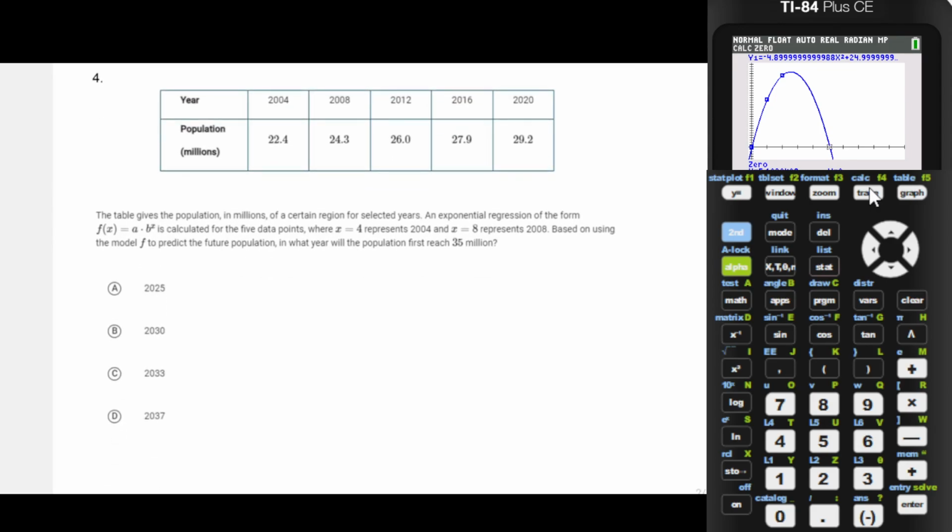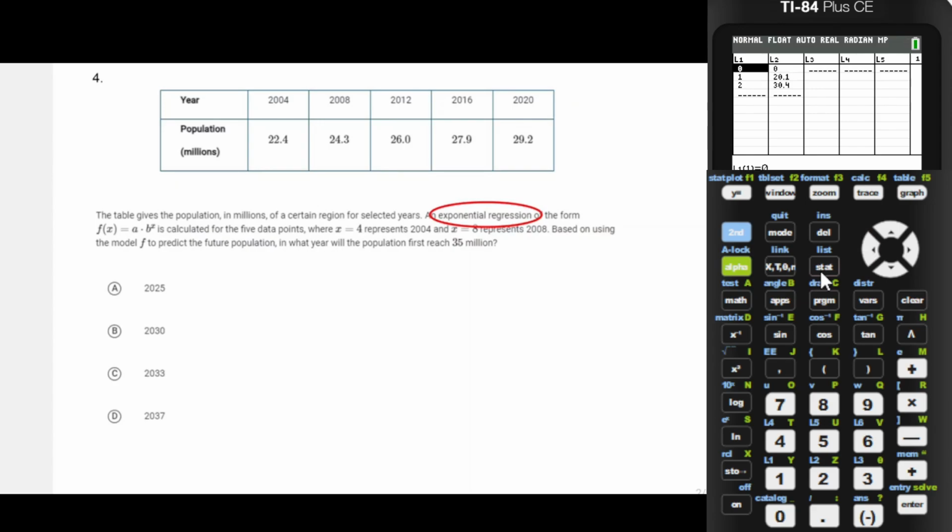Then year versus population. We'll need to do an exponential regression, a times b to the x, calculated for the 5 data points. So we're going to go to stat, edit the list.